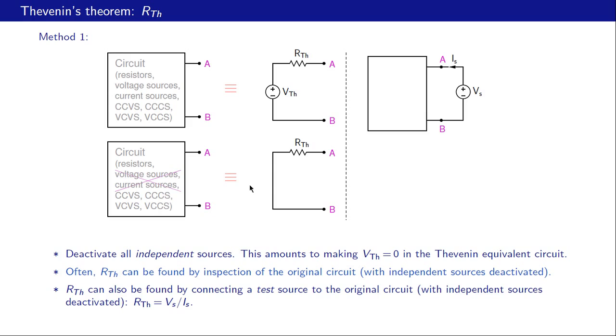We can use either a test voltage source like that, or we can use a test current source like this. And what we do then is, for example, if we use a voltage source, then we find this current Is, and then RTH is given by Vs divided by Is. In this case, where we have a test current source, then we find this voltage drop between A and B, and then RTH is given by Vs by Is.